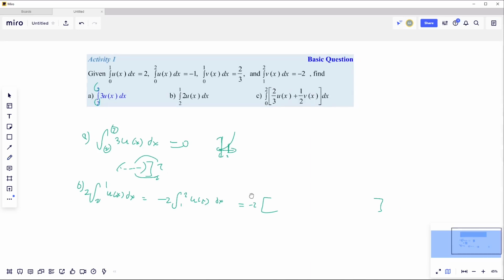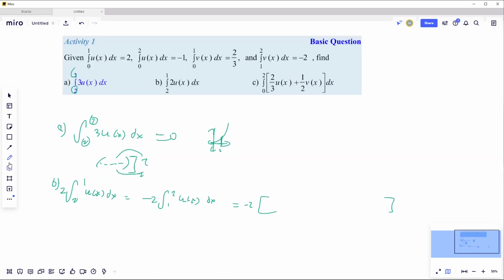For this part, I have a graphical or visual representation. Let's say you have the number line like this: this is 1, this is 2, this is 0. If you want to cross the path from 1 to 2, you want to go like this, right? But you don't have 1 to 2, you have 0 to 1 and 0 to 2.